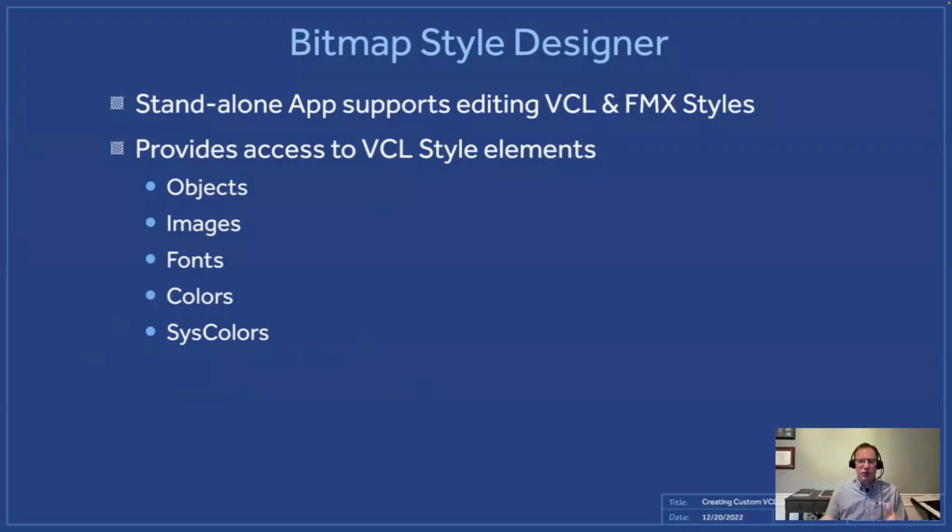For example, we've all used clBtnFace, which is the default background color of a form in Delphi. Well, if we're going to apply a VCL style like Iceberg Classico, which is kind of a teal color, if I wanted to programmatically get clBtnFace, I need to know what that is. So that's where system colors come into play. And we're going to see all of this in detail as we step through each of these pieces.